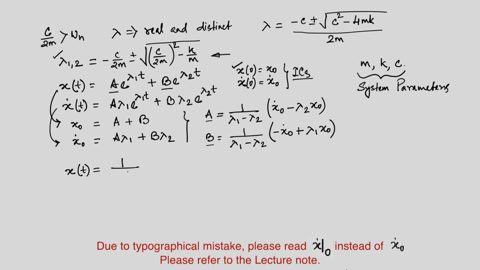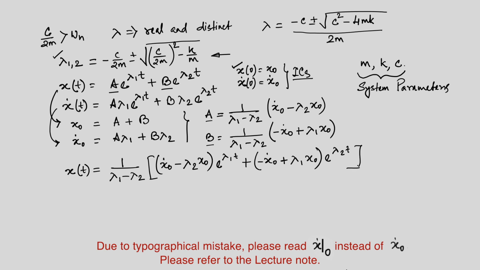So, we have 1 by lambda 1 minus lambda 2 and then within bracket... So, that is the complementary function we have for the damped free vibration case.